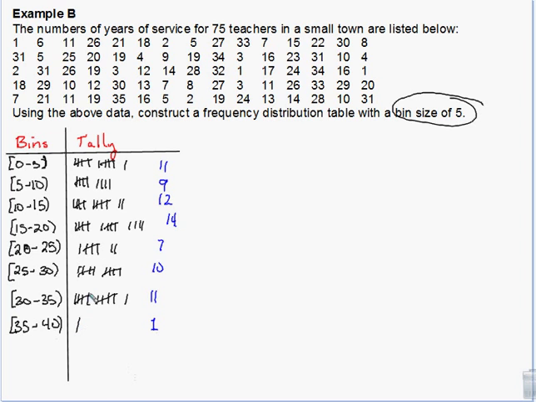That's where this can be confusing, because there might be the desire to stick it in here, but we can't because that parenthesis shows me that this does not include 35. 35 has to go into the next bin. So just be really careful of that. Those parentheses are really important. So number 5 right here went in this tally, not in this tally. And if there's a 10, this 10 was in this count, not this count.